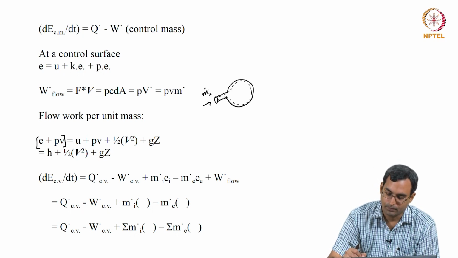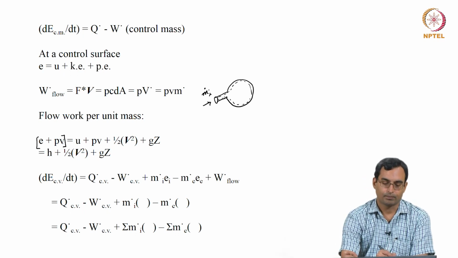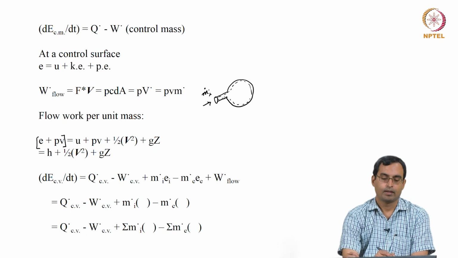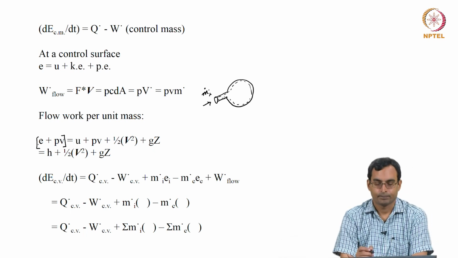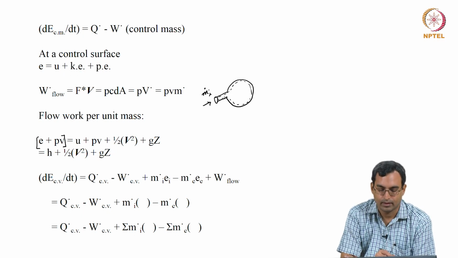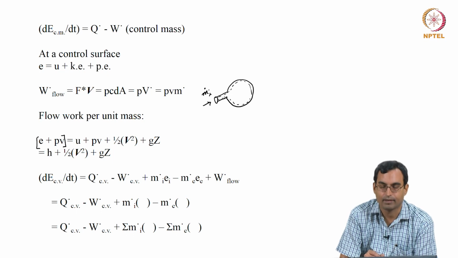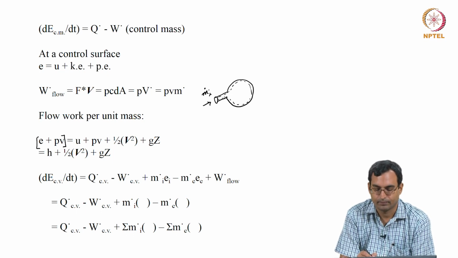So, when I want to push some liquid into this control volume, I have to do this work of PV, which is called flow work, plus this liquid which is coming in brings some amount of energy E. This E I can expand as internal energy plus kinetic energy, which is half V square, plus potential energy, which is gz.